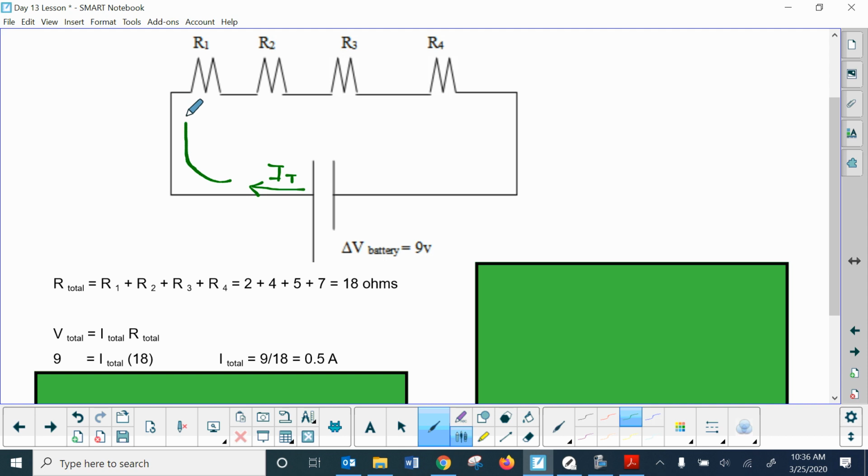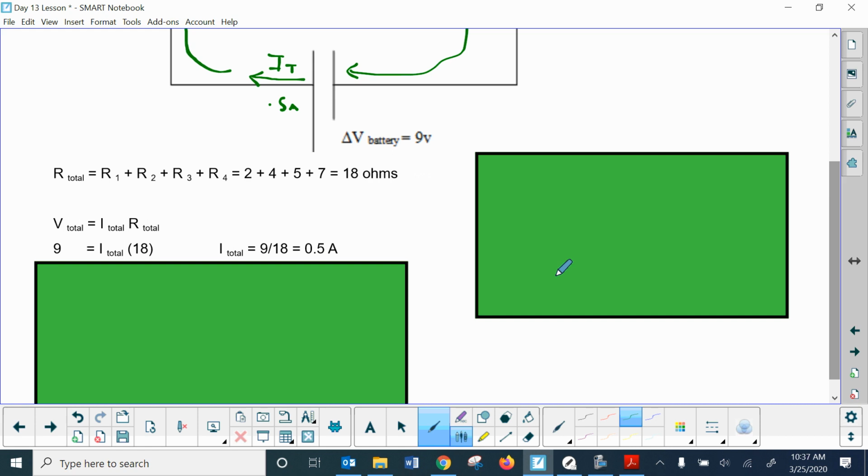And if you imagine this traveling through, all that 0.5 amps has to make its way through R1 and then R2 and then R3 and then R4. So just by knowing that this is a series circuit, we know the current in each one is all the same.